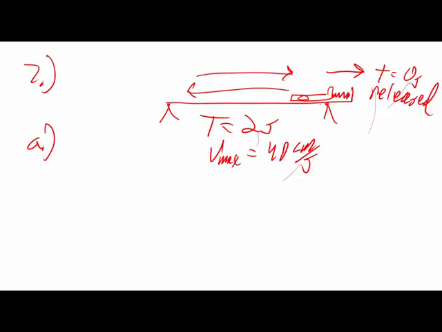Now you say, where are we going to get this? This actually comes from the derivative. I know we're not doing derivatives in here, but I'm going to show you where it comes from. The derivative of this equation, the displacement with respect to time, x of t is equal to A cosine of 2 pi t over the period.